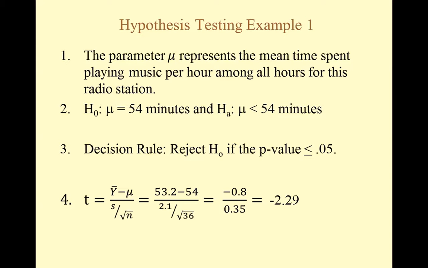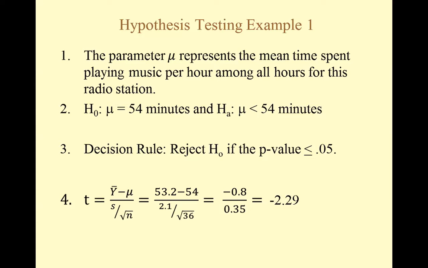So we begin by saying the parameter mu represents the mean time spent playing music per hour among the population of all hours for this radio station. Under the null hypothesis, mu equals 54 minutes, and under the alternative, what the listener is trying to prove is that the population mean mu is less than 54 minutes.